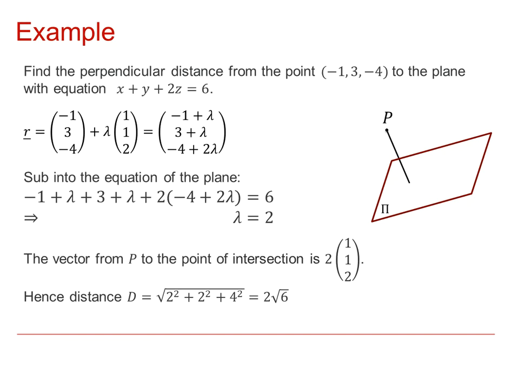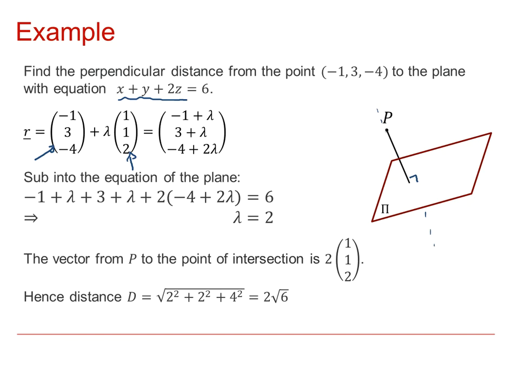So let's just check through that method again. We said that the line through P which is perpendicular to the plane must be given by the vector for p plus lambda times the normal vector, and the normal vector we could get from the coefficients of the x, y and z in the plane.